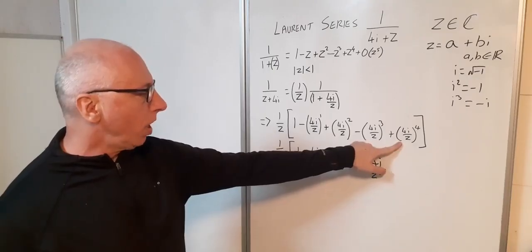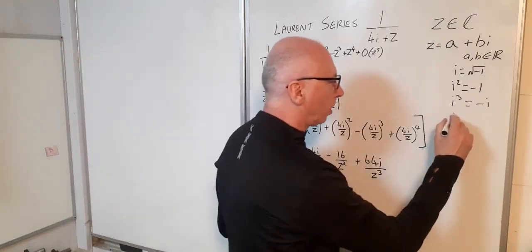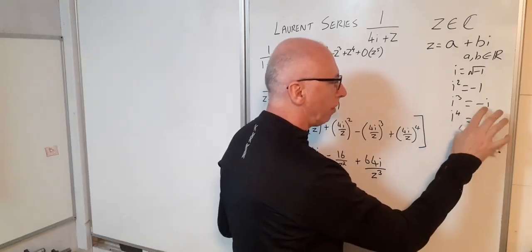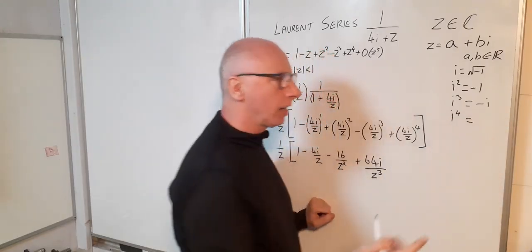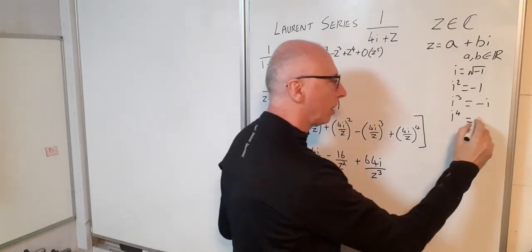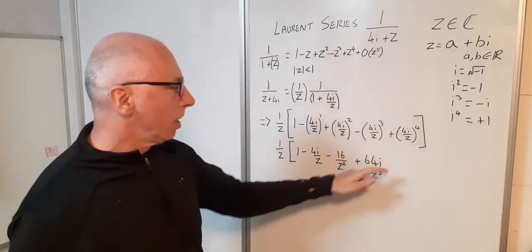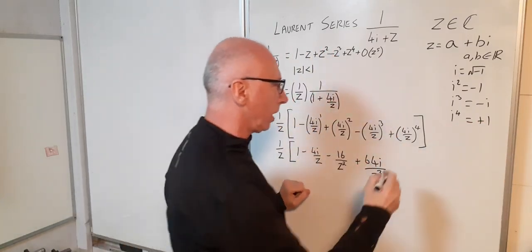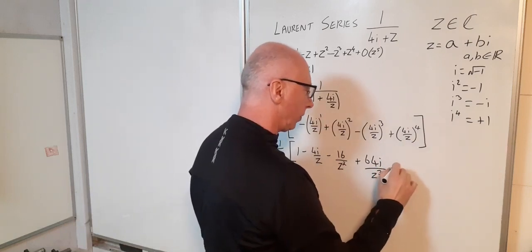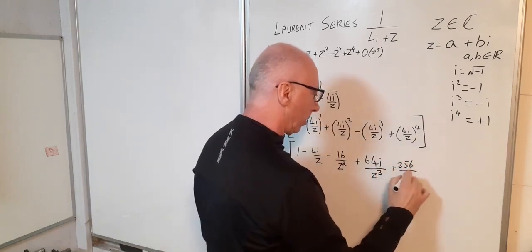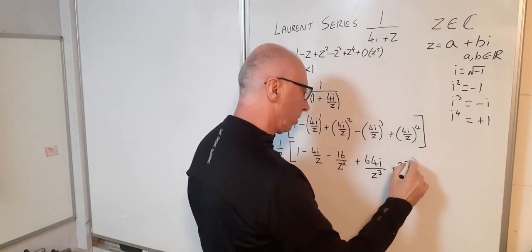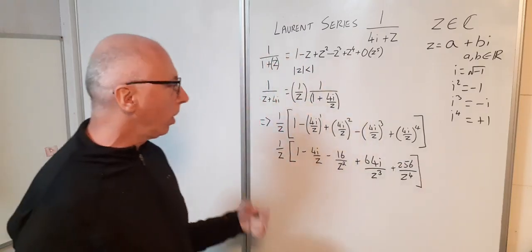So I've got 4i to the power 4. So now i to the 4. So that's minus i times i. Well, i times i is minus 1. With a minus, I've got plus 1. So 4 to the 4 is 256, with a plus 1 stays as 256, and then I've got z to the 4.